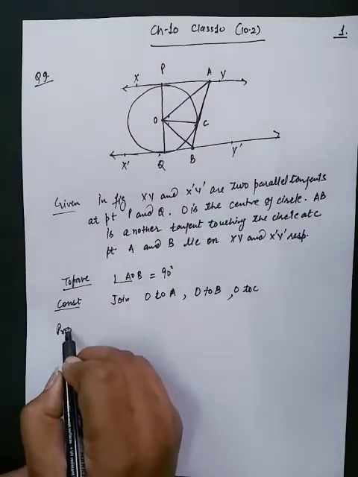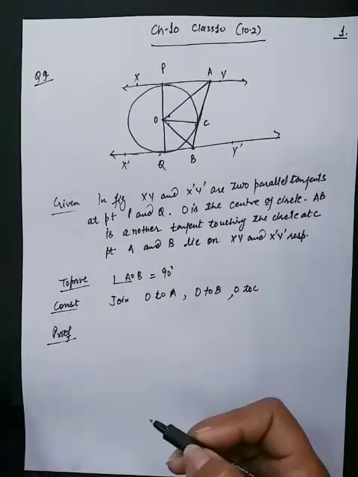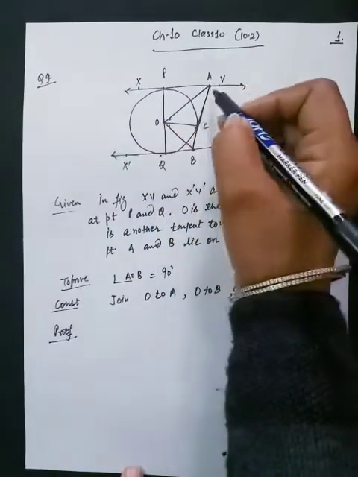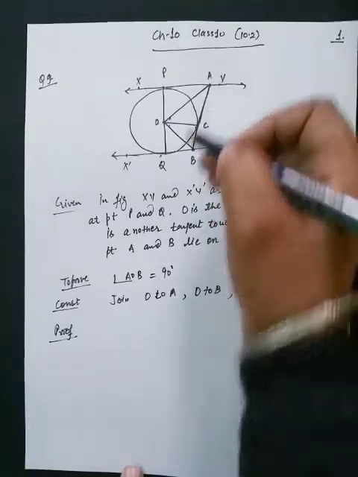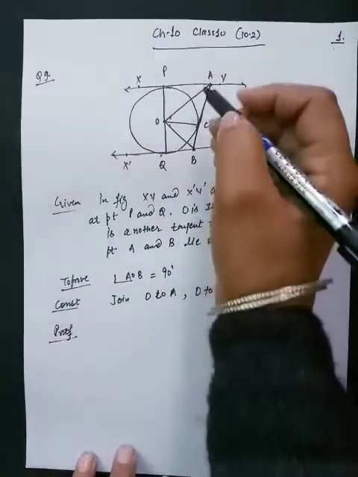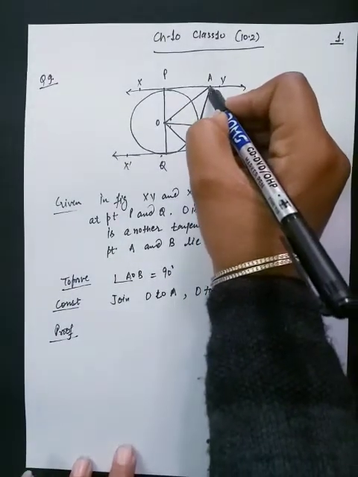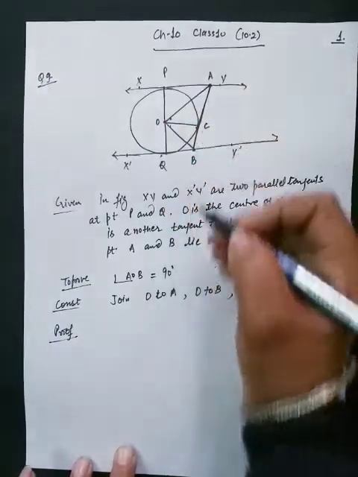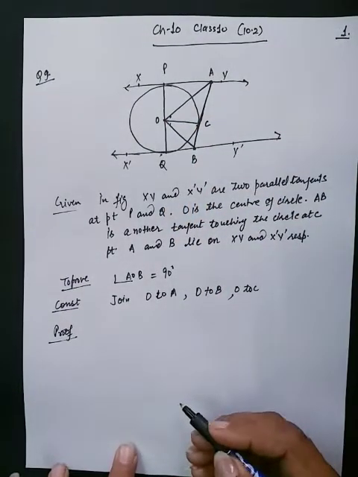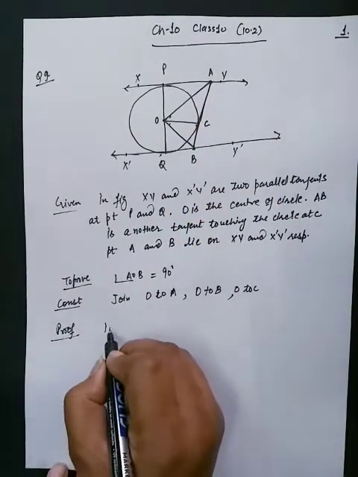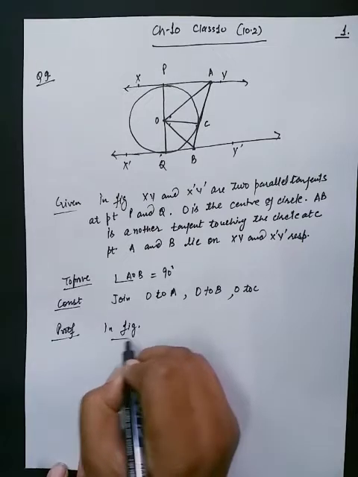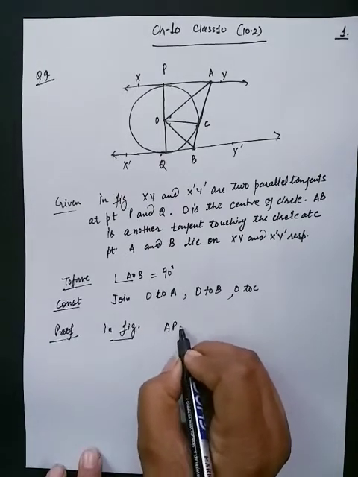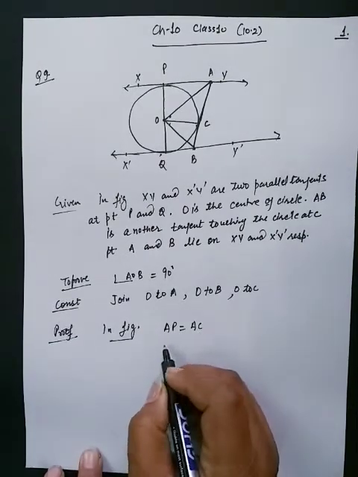Proof. Now in the figure we can see that PA and AC are equal in length, because A is an exterior point and PA and AC are two tangents drawn from exterior point A. AP is equal to AC.